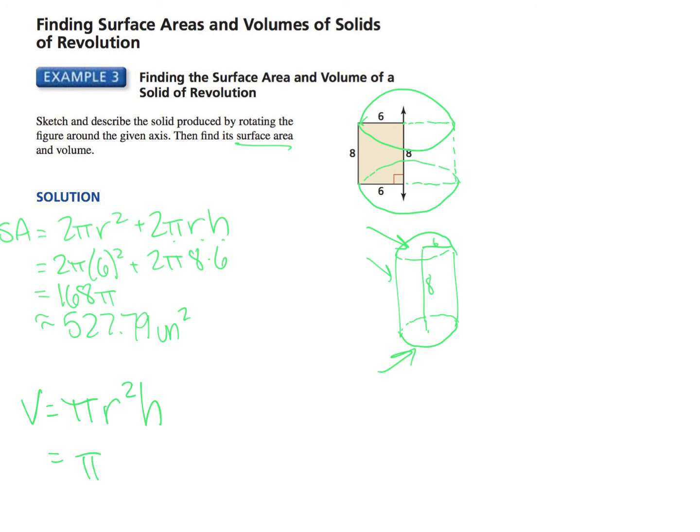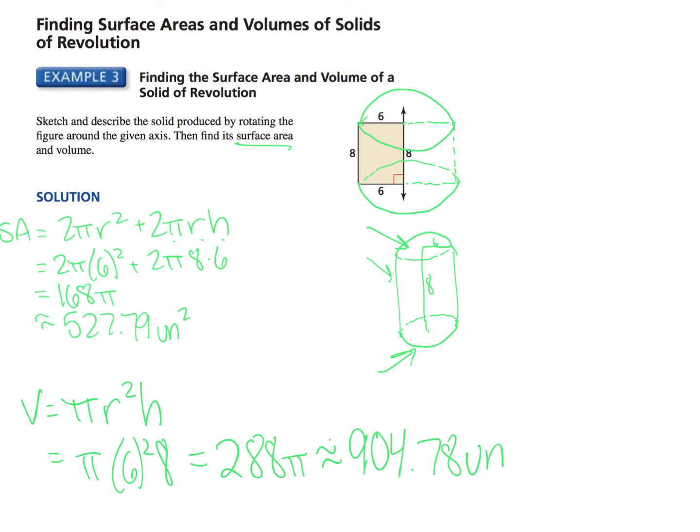That's pi times 6 squared times 8, which is 288 pi, which when you plug that in, is approximately 904.78 units cubed because that is volume.